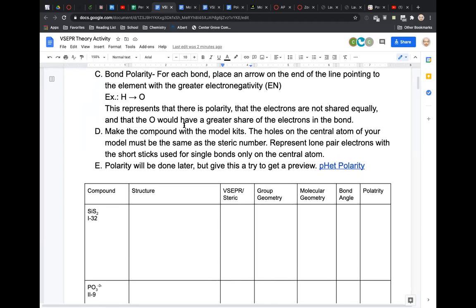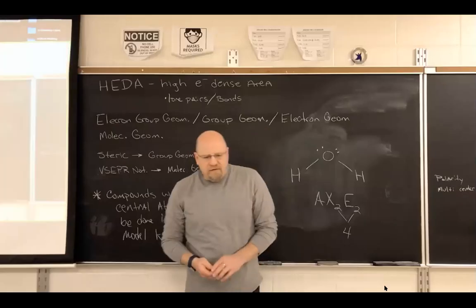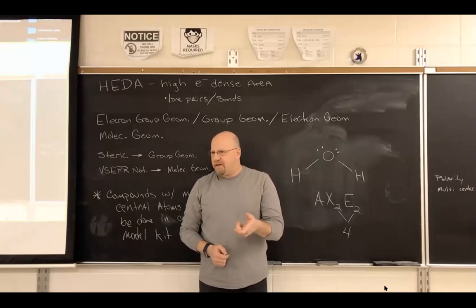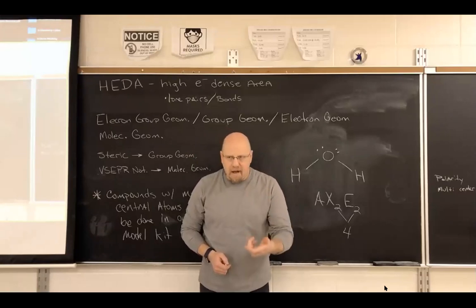The last thing that you're going to do is you're going to include the bond polarity for each bond. So every bond, you're going to represent polarity somehow. Now I'm going to show you how to do that. If you scroll to the very last page in that document, you're going to see that I've got the electronegativity values that you learned about yesterday.